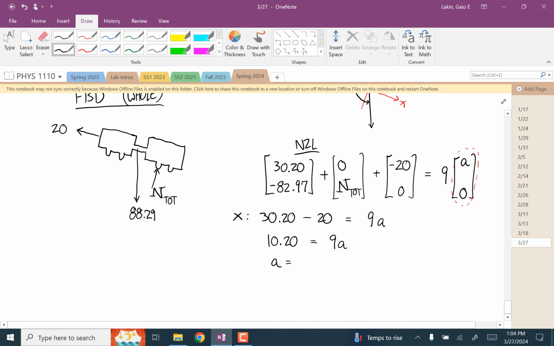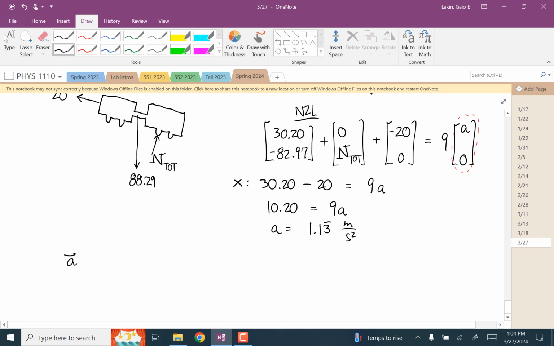So a is equal to 1.13 repeating. So as a vector, the acceleration vector is 1.13 repeating, 0 for y, or down the ramp at 1.13.